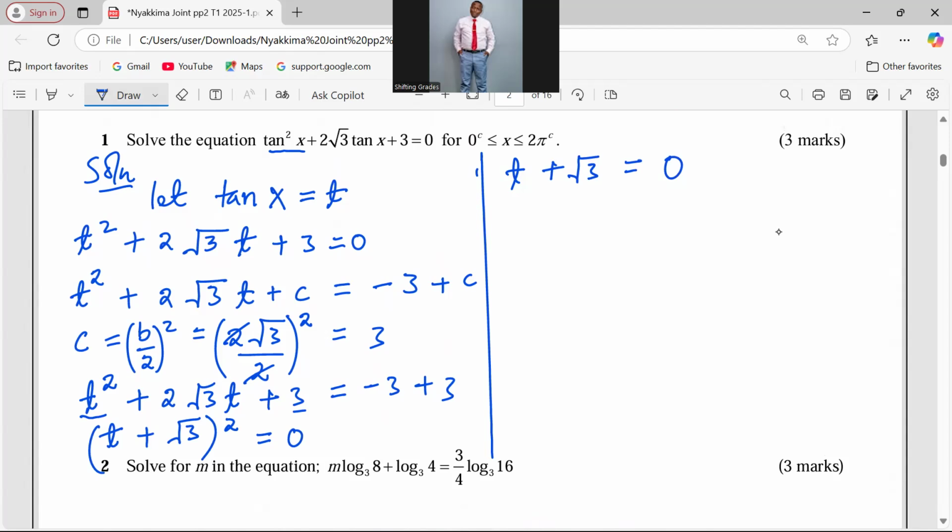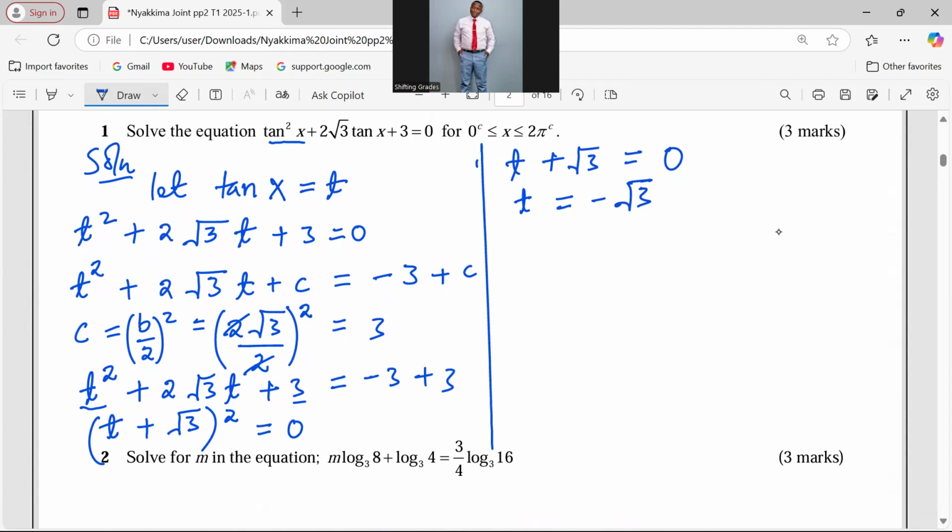So at this point, we can simply conclude that the value of t is equal to negative root 3. Therefore, what we were calculating as t is tan x. So tan x is equivalent to negative root 3.